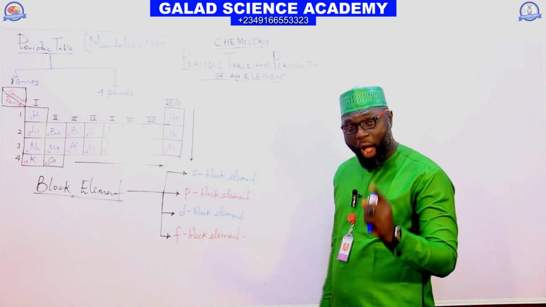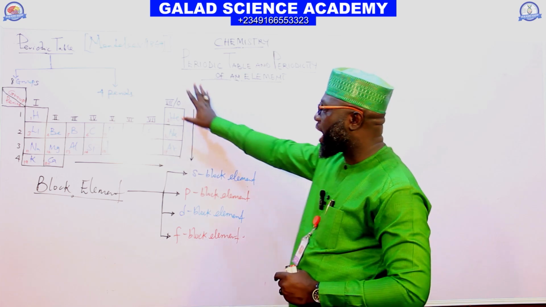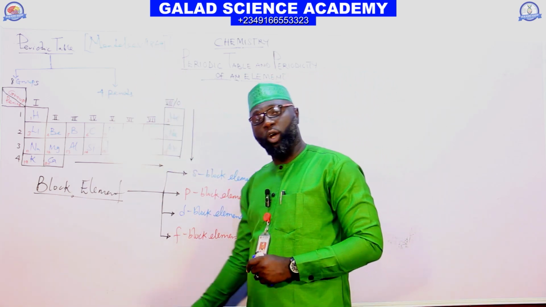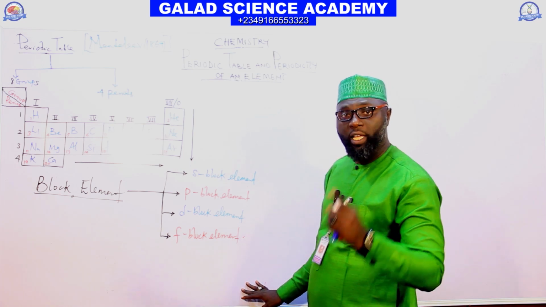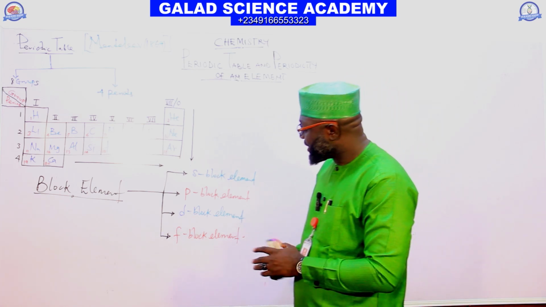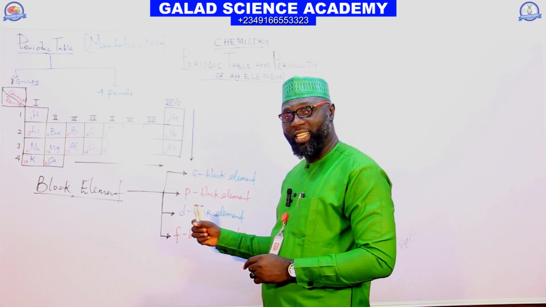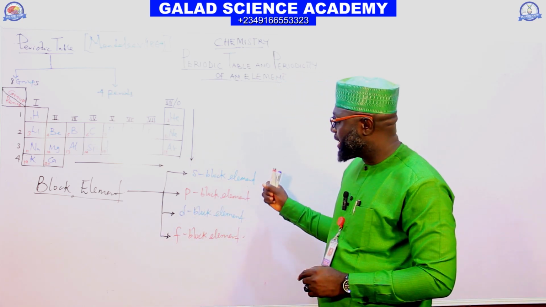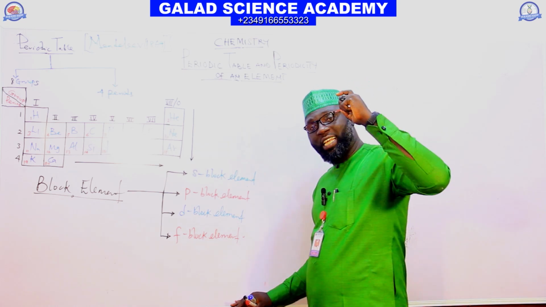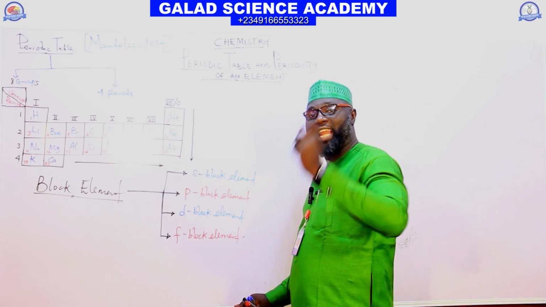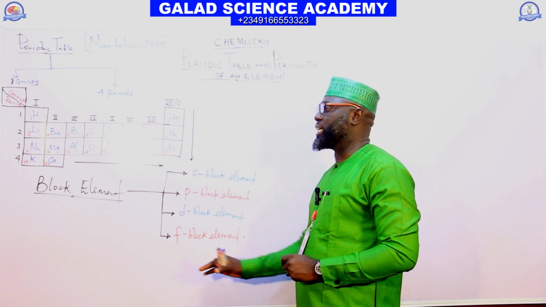But how are we going to classify all the elements we have in the periodic table into these block elements? It depends on the type of orbital housing the last electron.